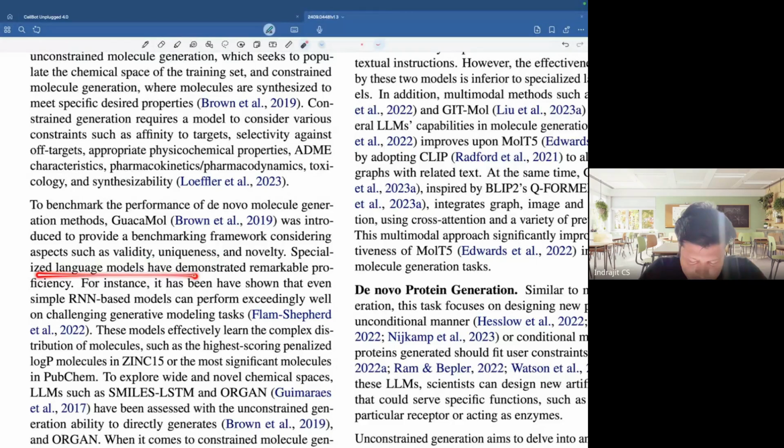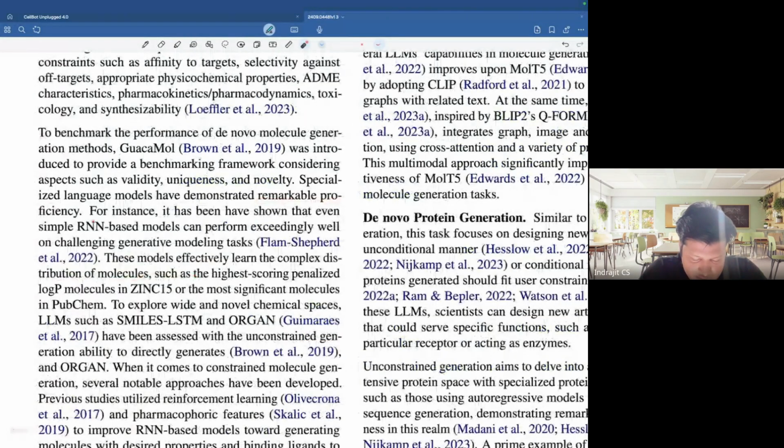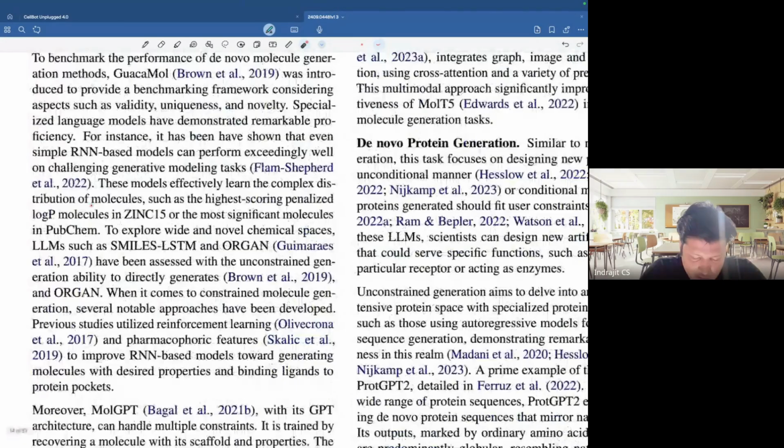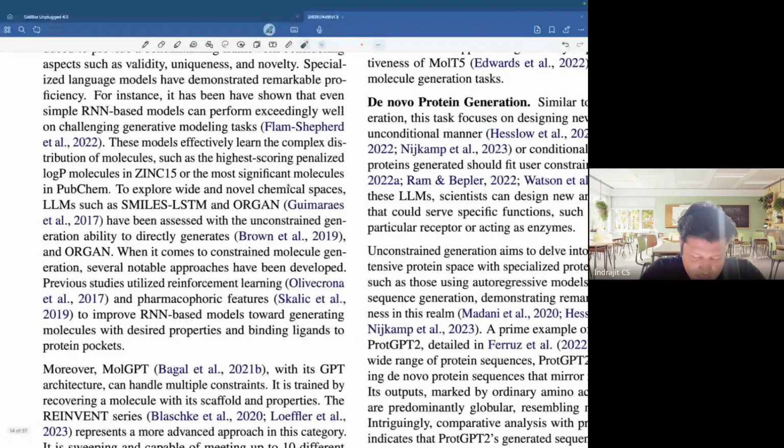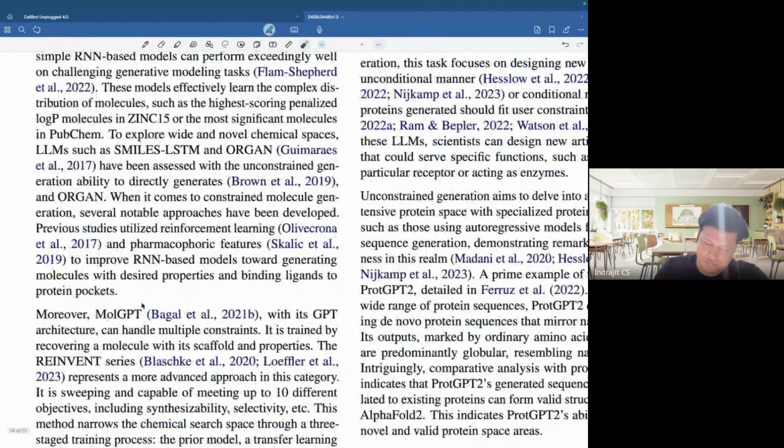And specialized language models have demonstrated remarkable proficiency. For instance, it has been shown that even simple RNN-based models can perform exceedingly well on challenging generative modeling tasks. These models effectively learn the complex distribution of molecules, such as highest scoring penalized logP molecules in ZINC 15, or the most significant molecules like in PubChem. To explore wide and novel chemical spaces, LLMs such as SMILES LSTM and ORGAN have been assessed with the unconstrained generation ability to directly generate, right?